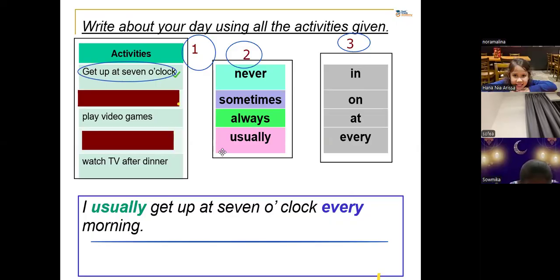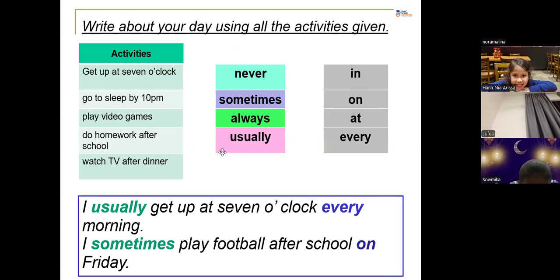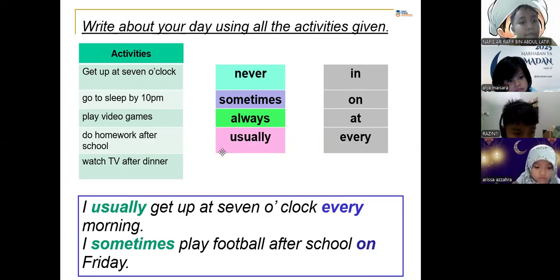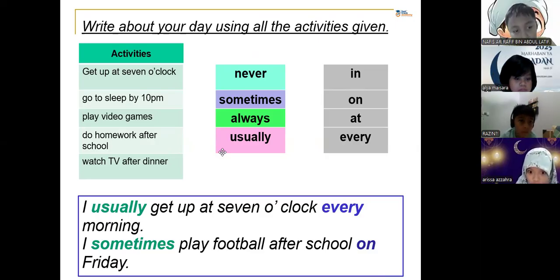Ada yang kena tulis, ada kena edit. Okay, you got to edit. Very good, very good. Tapi ramai tak hantar ya. Razin, did you send? Done. Razin. I can't see your name. Tak nampak pun, teacher. I can't see your name, Razin. Satu ayat pun tak ada ya, Razin?